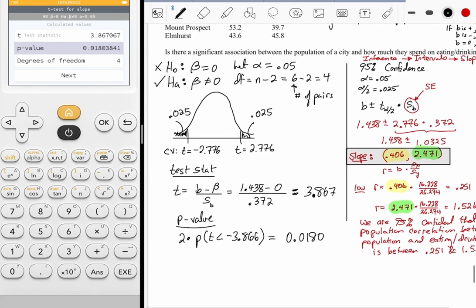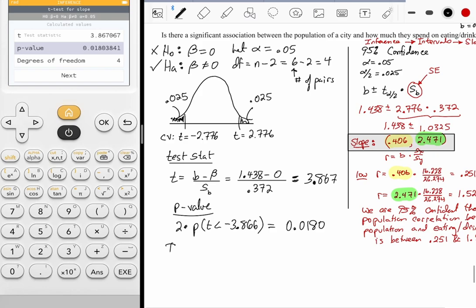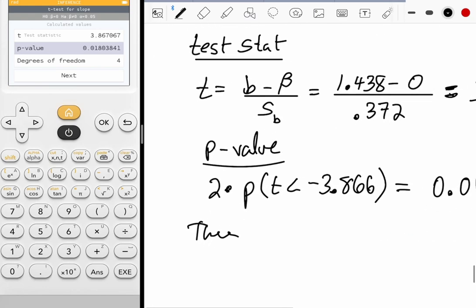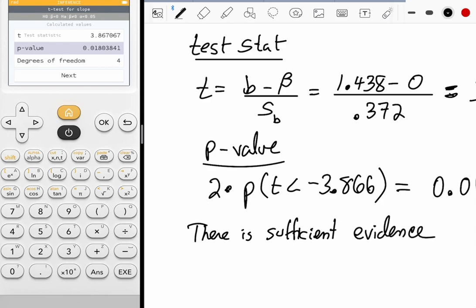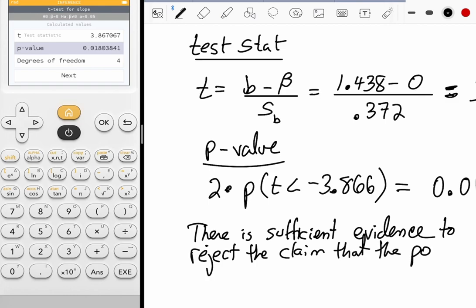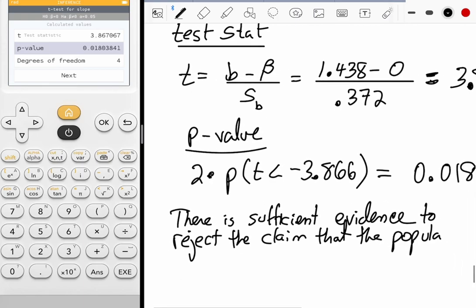Right? So there is, let me zoom in here so I can write, sufficient evidence to reject the claim that the population, now this time it's going to be population slope, but you have to state what the slope is relating.